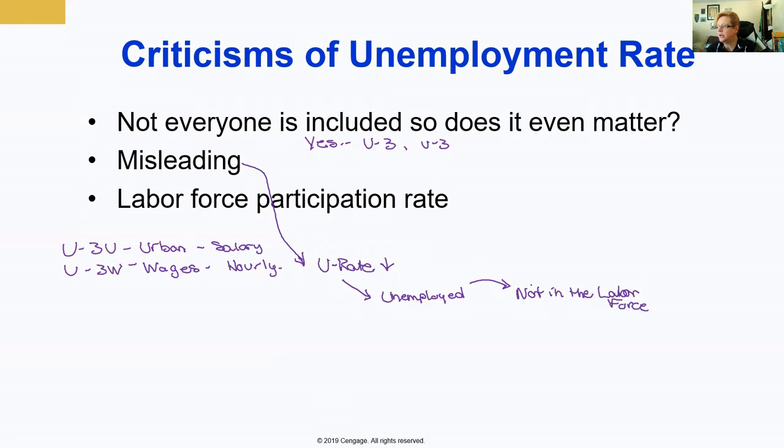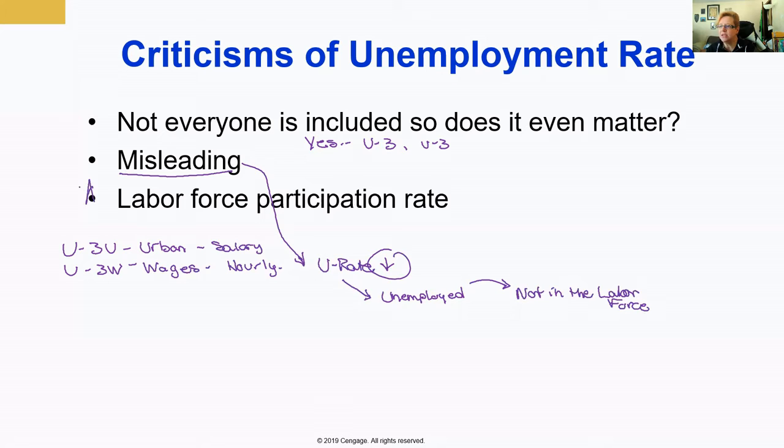They are no longer included in the unemployment rate. So the unemployment rate goes down, when in fact, that's not the case. It looks like unemployment is going down, but what essentially has happened is people have given up looking for work. So that can be problematic. So I want to say it's a little misleading.